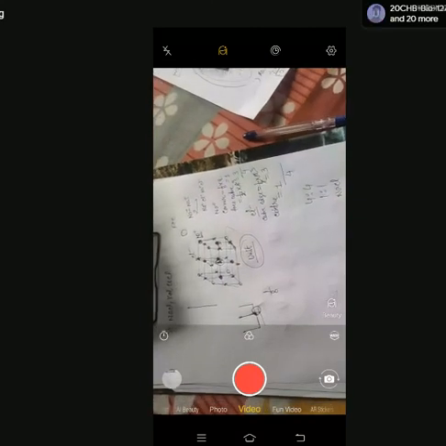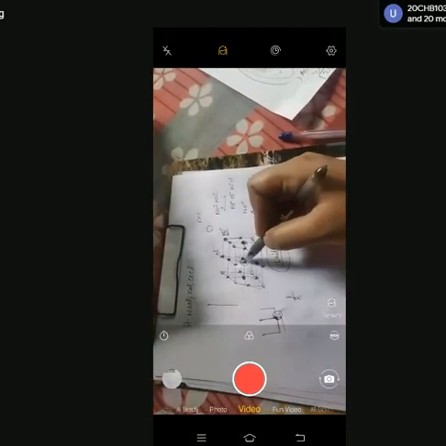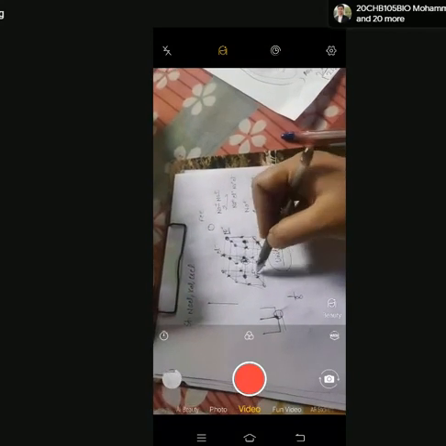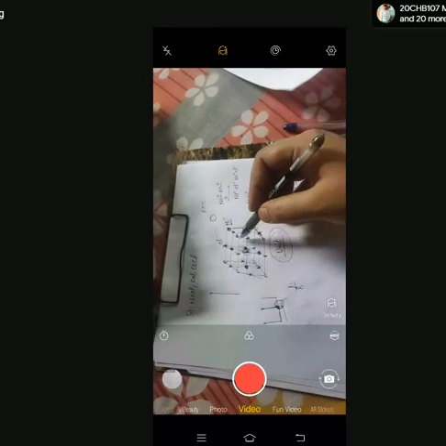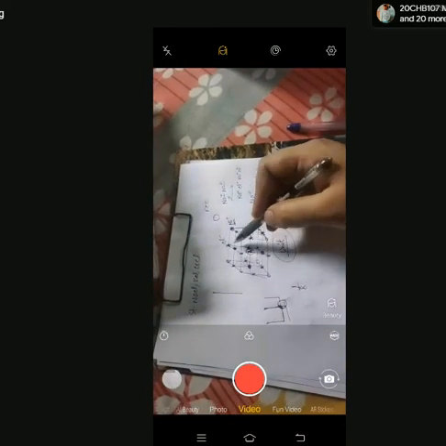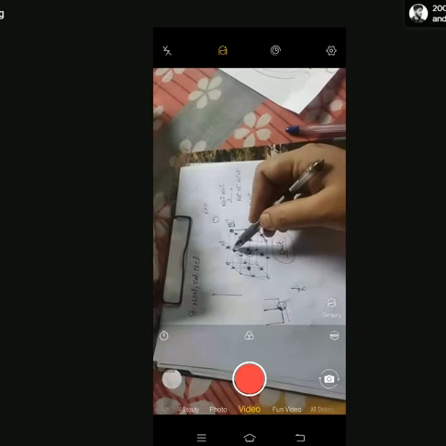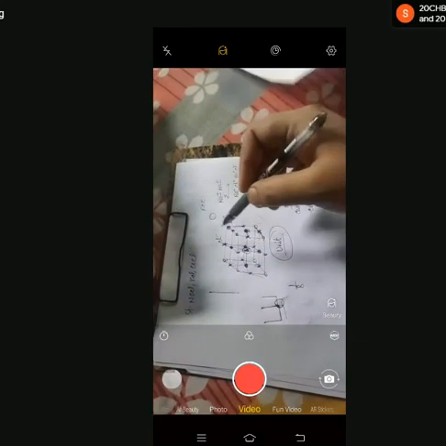And the coordination number is the number of opposite ions surrounding an ion. For example, this is your Cl-. The surrounding opposite ions are called the coordination number. If I take this Na+, you will see the number of Cl- will be 1, 2, 3, 4, 5 here, and 6 from the other side.